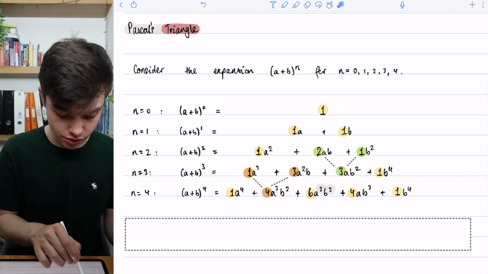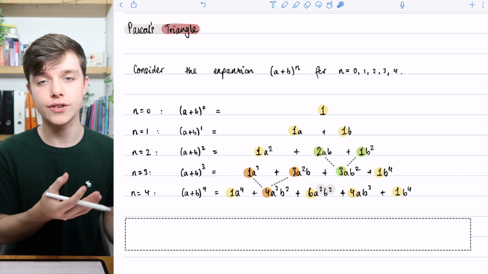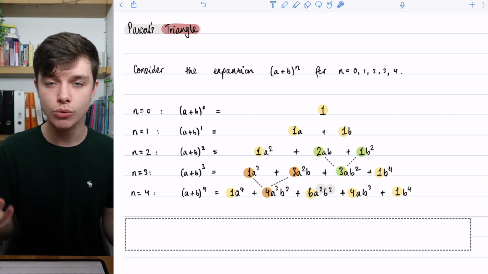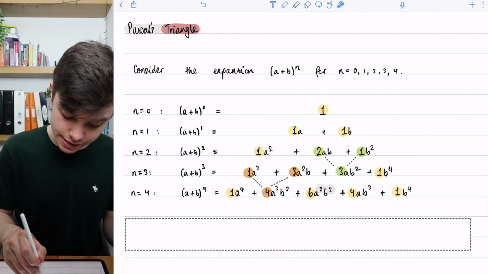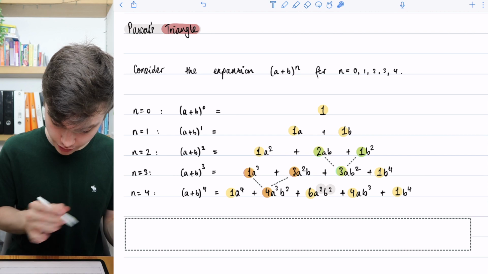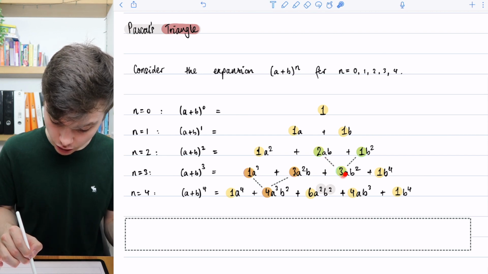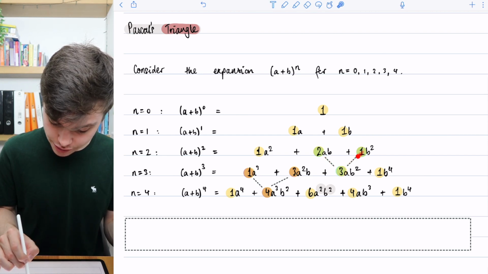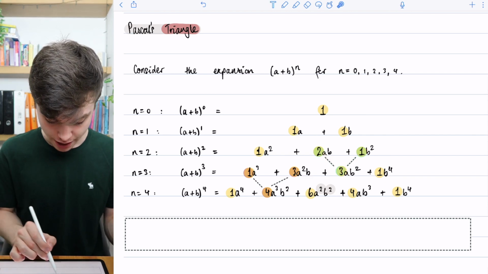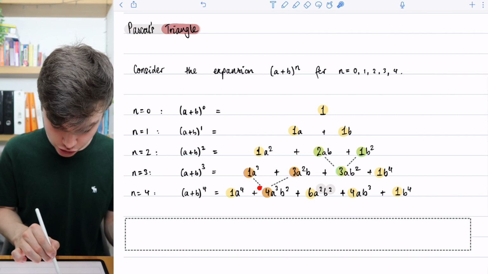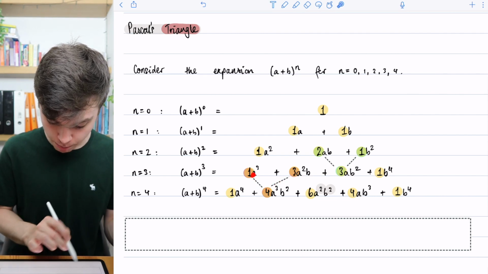I've chosen to use a and b inside the bracket. You could have used anything, x and y, p and q, it doesn't matter, because all we're interested in is the coefficients. You can see this coefficient is joined to the two directly above it. This coefficient here, again, is joined by the two directly above it.